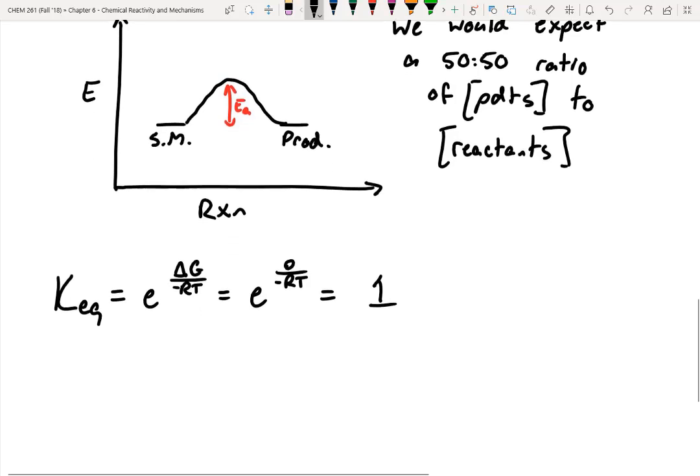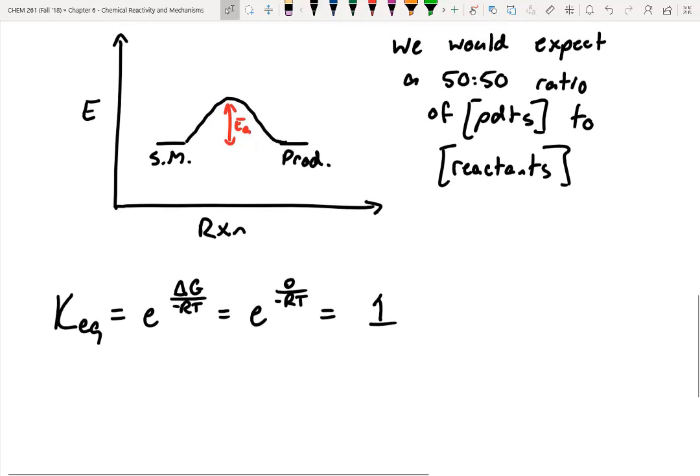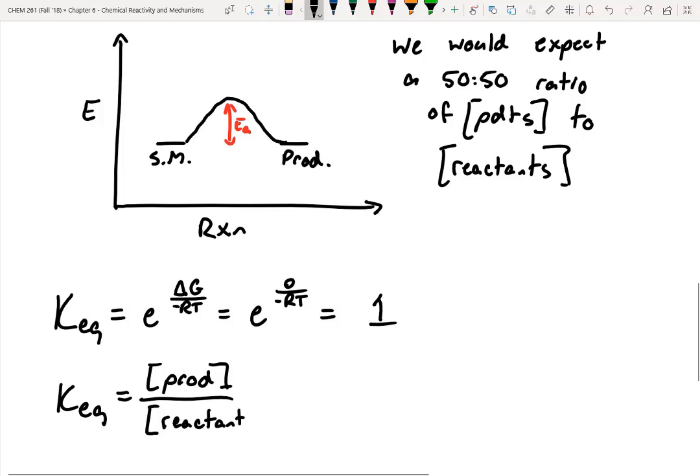Okay, so another way of thinking about this in terms of a mathematical sense is we said that KEQ is going to be the concentration of your products over the concentration of your reactants. We said that this ratio is going to be a 1-to-1 ratio, which again, we already kind of hypothesized using our reaction coordinate diagram. It just makes intuitive sense.